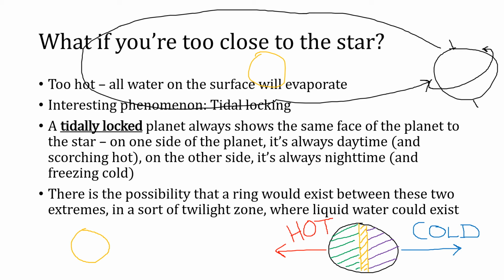And so the reason I've said a twilight zone here is that this side is the hot side. You can effectively think of this point on the surface as noon. The star is directly overhead this point on the surface. On the flip side, this point over here is midnight, right?